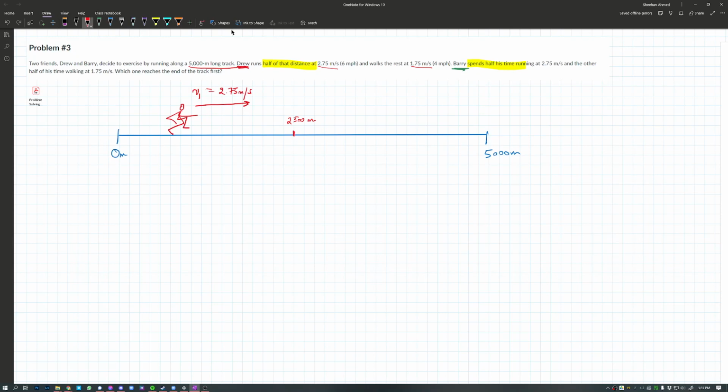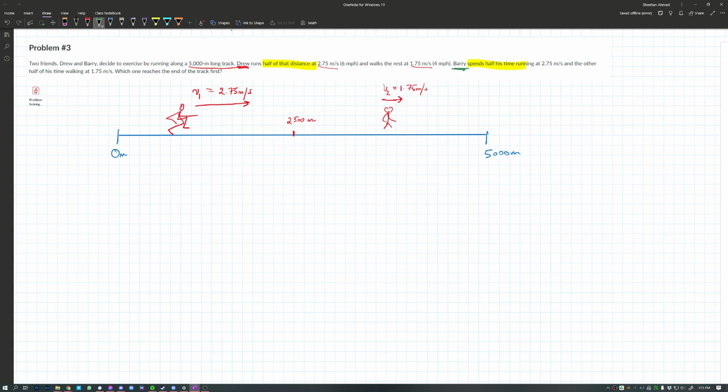But for the second half of the trip, the last 2,500 meters, he is walking casually. So no longer running. I will represent his velocity with a vector, and just to keep consistent, I made a long vector for 2.75 meters per second. I'm making a shorter vector for this 1.75 meters per second that he walks at for the second half.